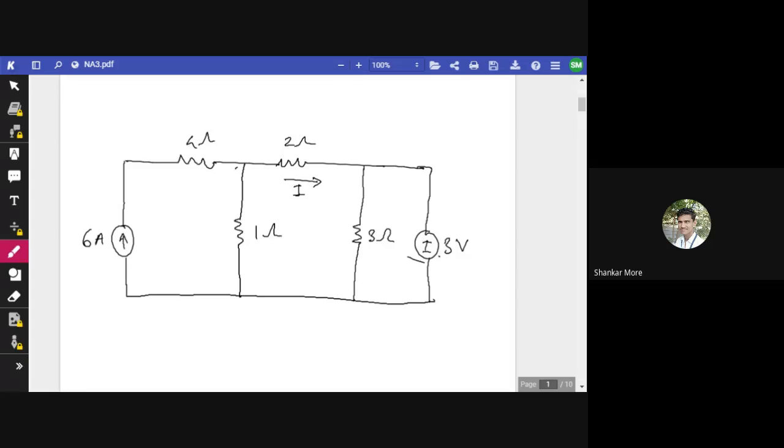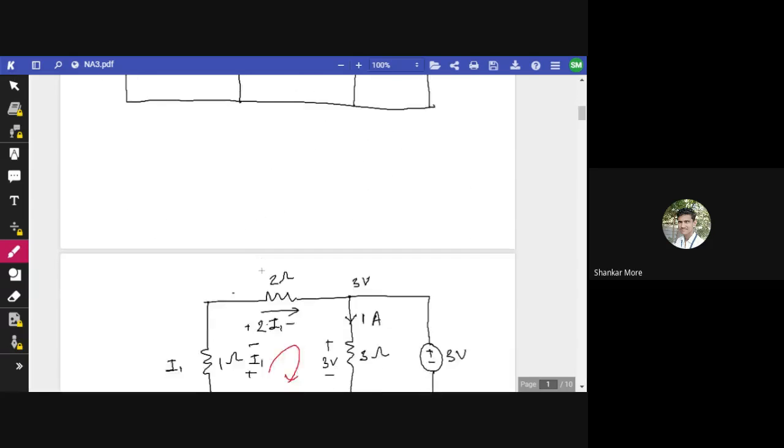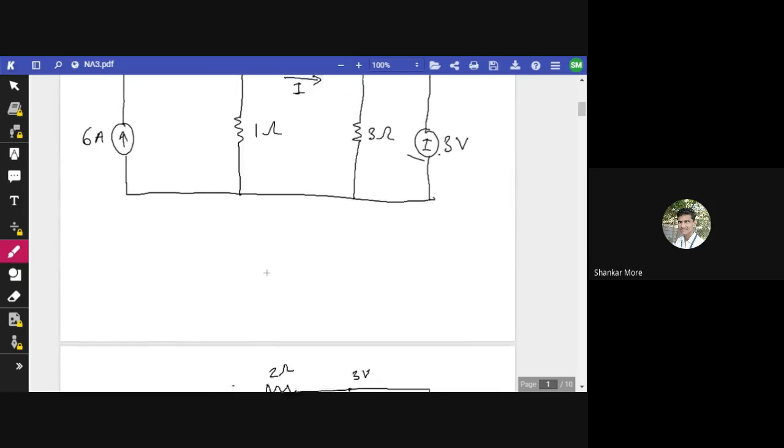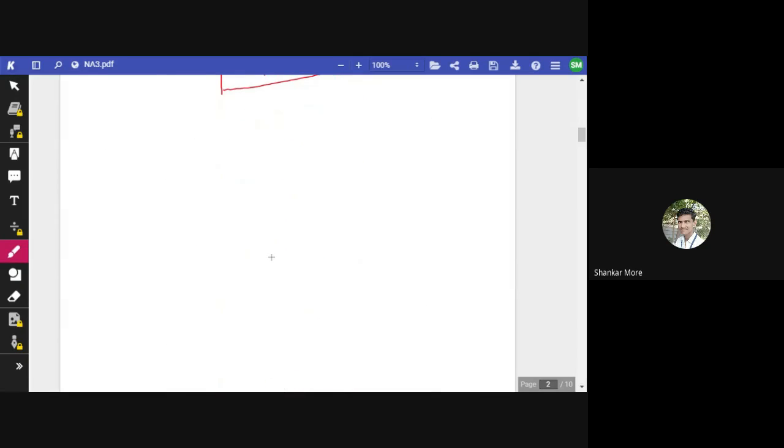Now see, observe in this circuit only. मैं इसे एडिट करने के बजाय दूसरा सर्किट लिखता हूं यहाँ पे, ओके? So that मतलब आपके पास नोट्स रहेंगे, ठीक है? So this is my 4 ohm resistance, this is 2 ohm resistance, and we are going to keep the current source now here, 6 ampere current source, all right?